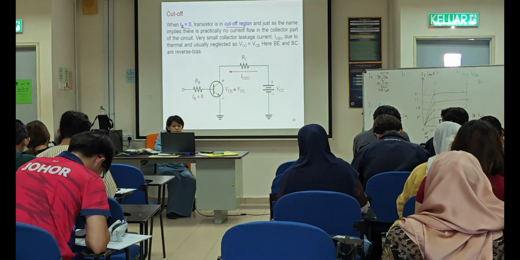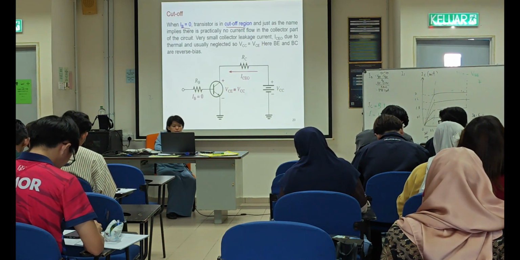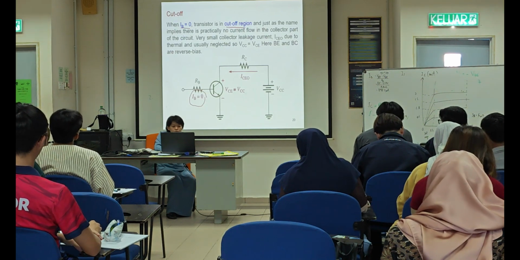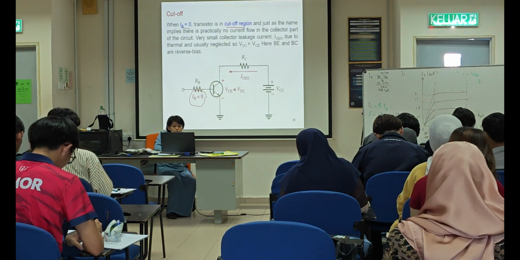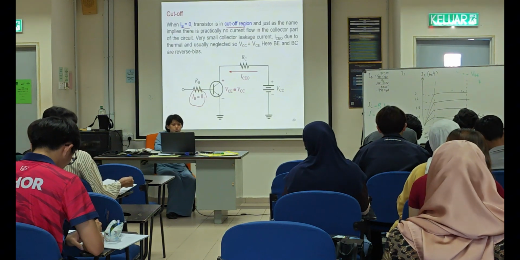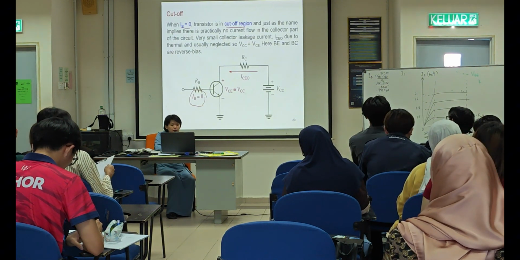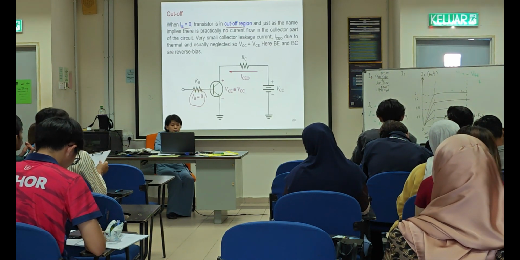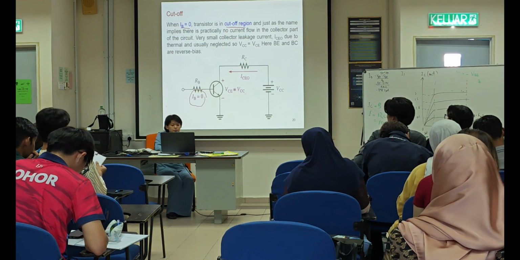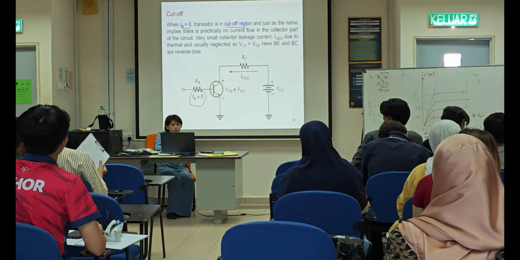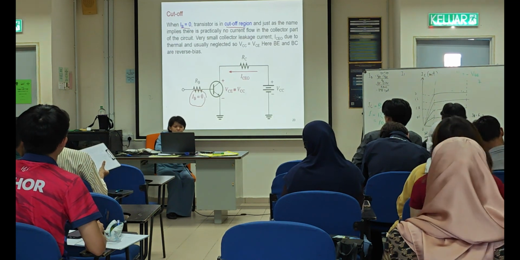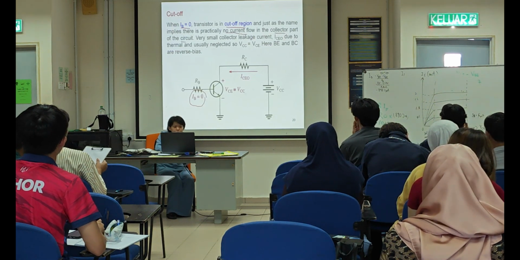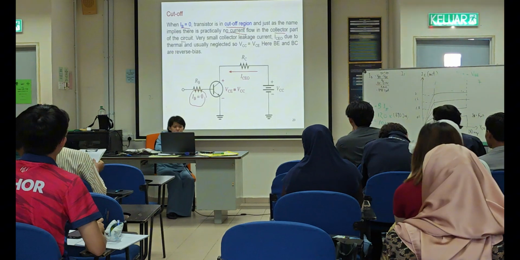Which means, you see this figure, you didn't have any voltage supply from your base. So here no supply, you just consider VCC, RC and VCE. Your VCC is approximately the same as VCE. Practically there is no current in the collector part of this circuit, only a very small leakage.